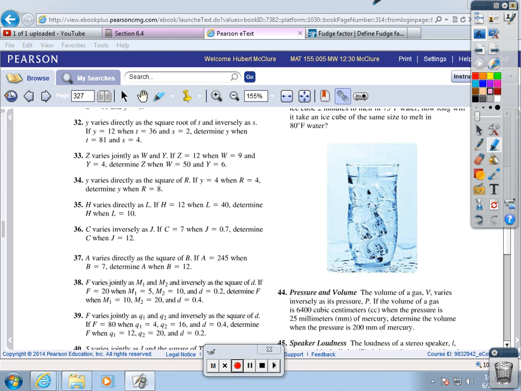So it'd be B squared. It says the square of B, so that would be B squared. You don't square root it. It sounds like you do, but it's not right, because if you do that, you're going to get it wrong on the homework.